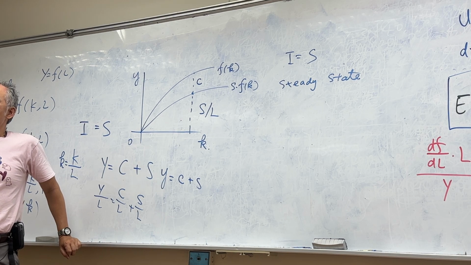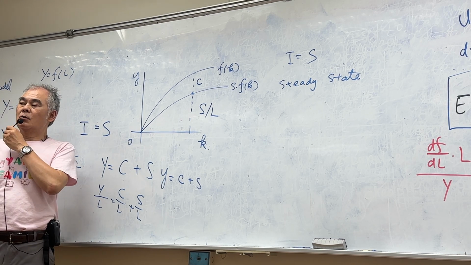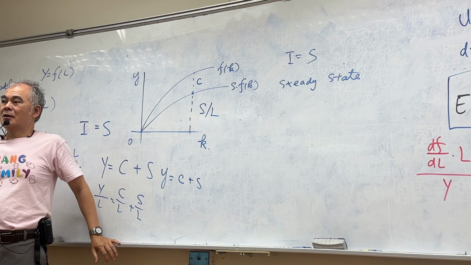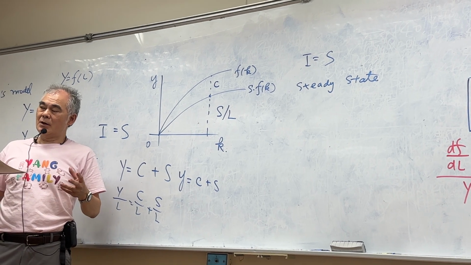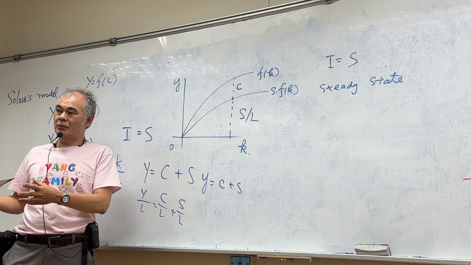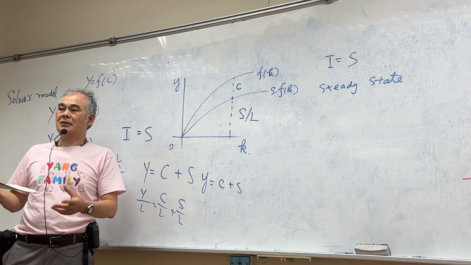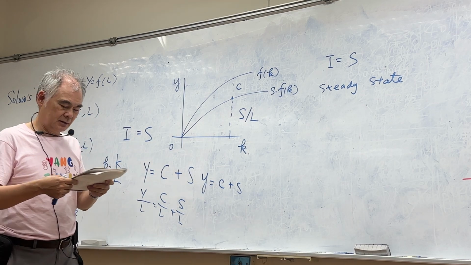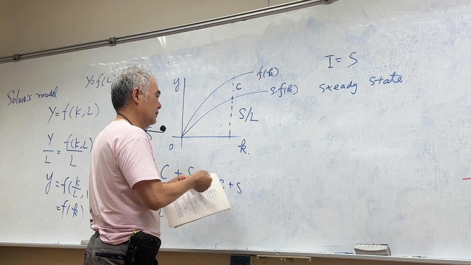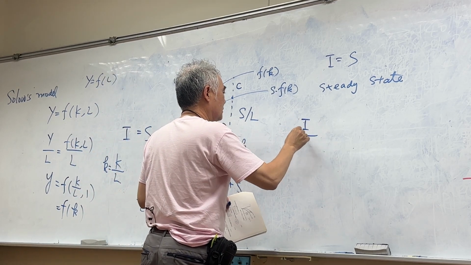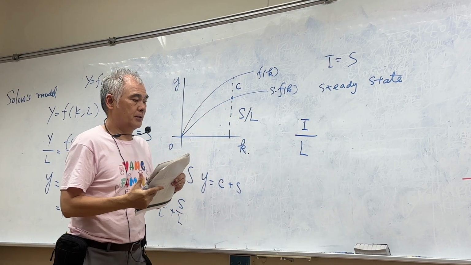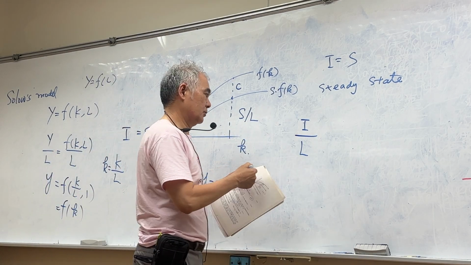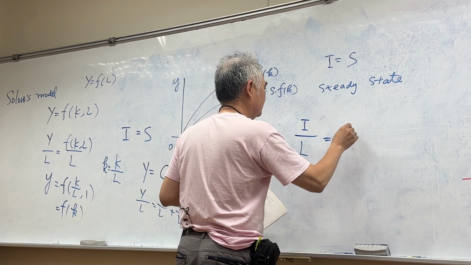Let us say the wear and tear is 1 million per year, and every year you invest 1 million to make up for the loss in your capital. That means this year will be the same as last year. So basically, we have per person investment, and that is equal to delta k.